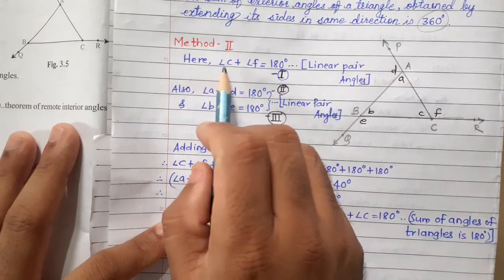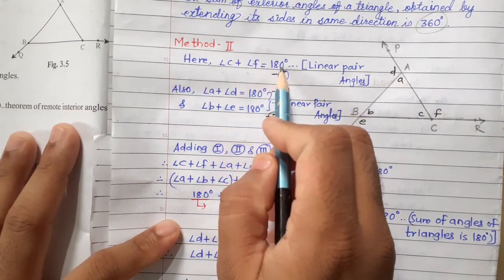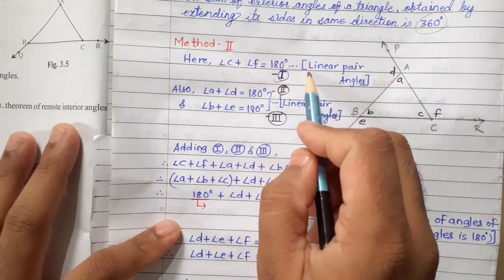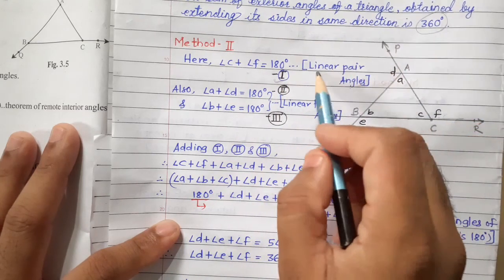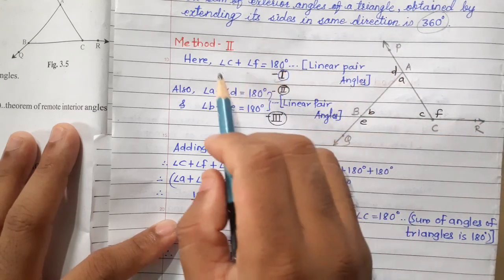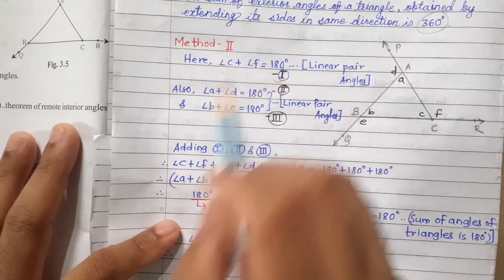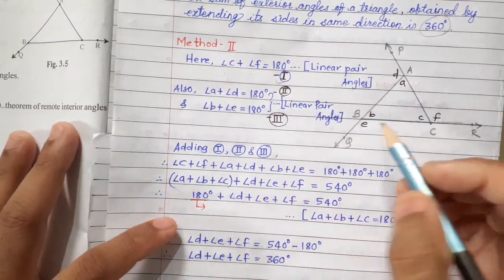So we can write angle C plus angle F is equal to 180 degrees. Give it as equation number 1, and reason is linear pair angles are supplementary.